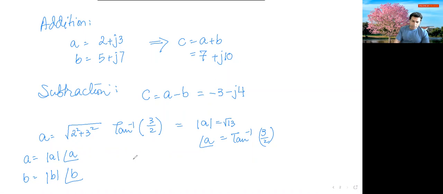Make sure this is not allowed. So if you're doing C is equal to A plus B, you cannot do magnitude of A plus magnitude of B, and then phase of A plus phase of B. So this is incorrect. Do not do that.